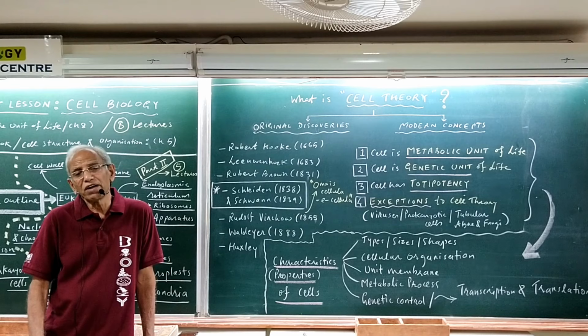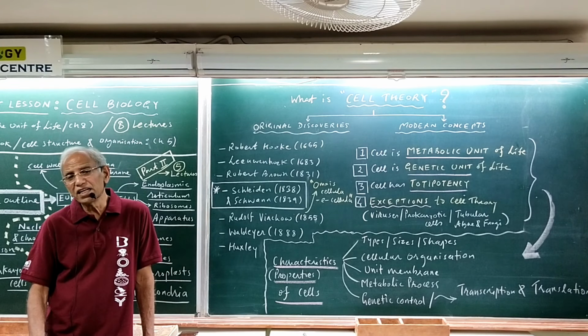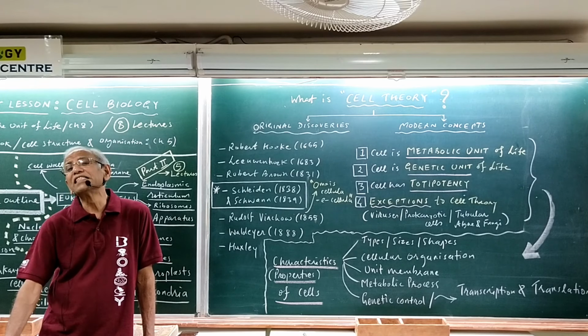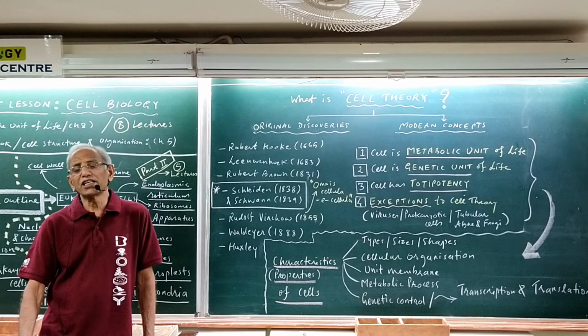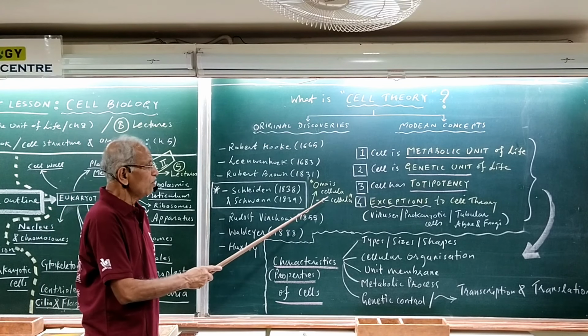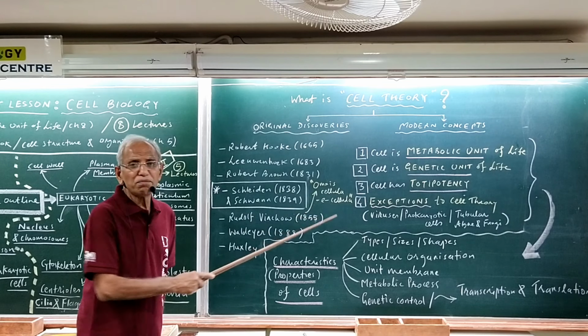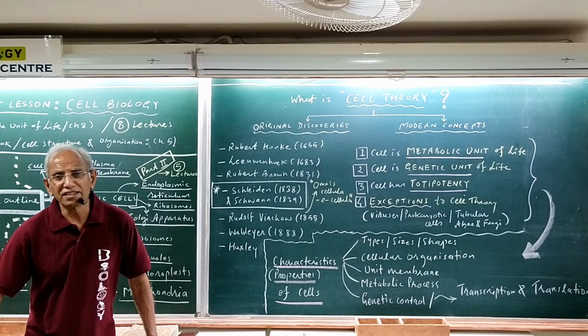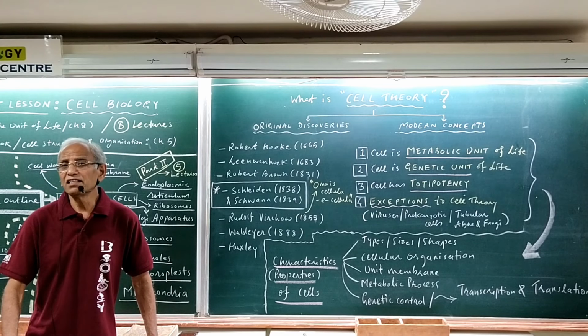Understand, 1855, almost 170 years ago. It was not possible to know that cells divide. So somebody wanted to clearly point out by experiments and observations that cells divide. And the statement comes up, omnis cellula e cellula. What does it mean? The cells come from pre-existing cells. It means that the cells divide.